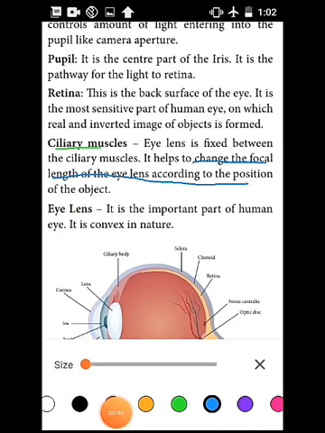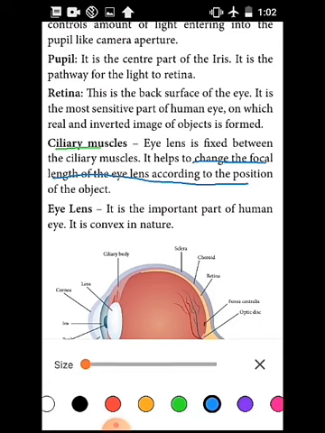And see the paragraph, ciliary muscles. The eye lens is fixed between the ciliary muscles. Then what is the function of the ciliary muscles? It helps to change the focal length of the eye lens according to the position of the object.